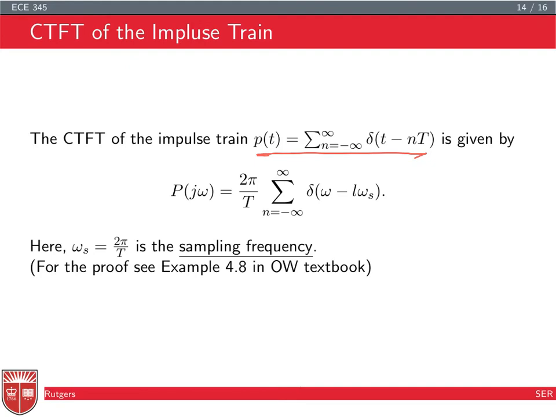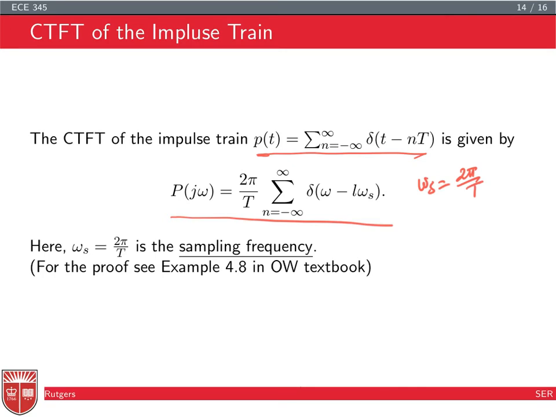So you can show that P of j omega is also an impulse train, separated at multiples of omega s, where omega s is 2 pi by T. So this is your sampling frequency.